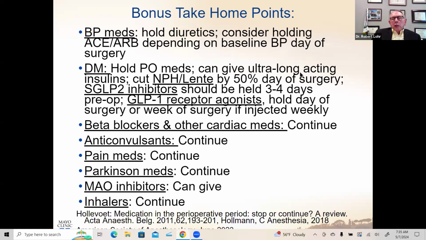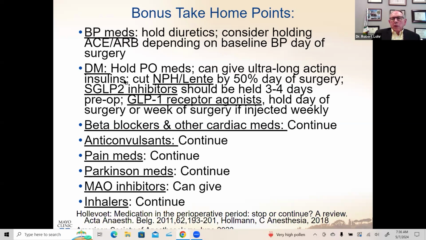Ultra long-acting insulin, so Lantus, can be given at its full dose the night before surgery. And most of the time it's taken at night. Now, I'll tell you a caveat here. Ask the patient what their usual first morning blood glucose is. If they say, well, it's 140 or 150, go ahead and give them the entire dose of their Lantus.